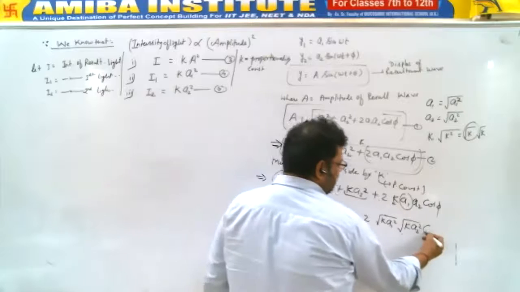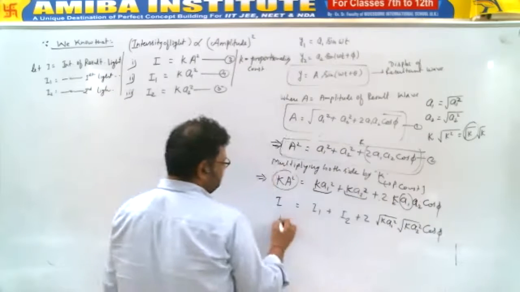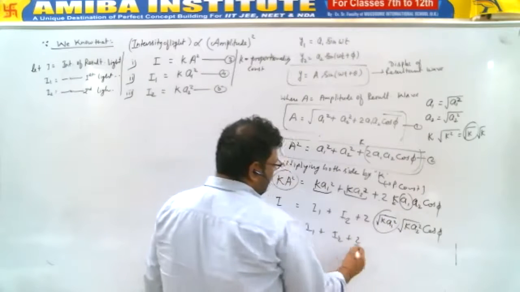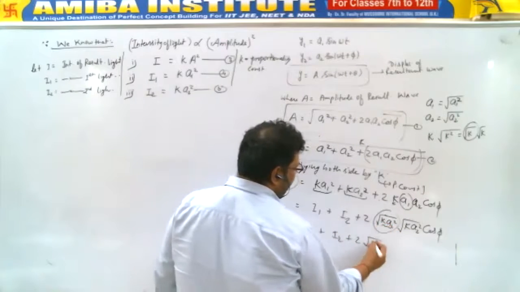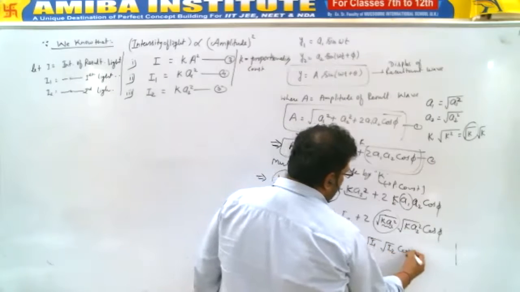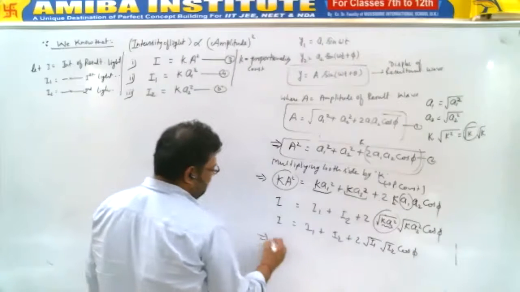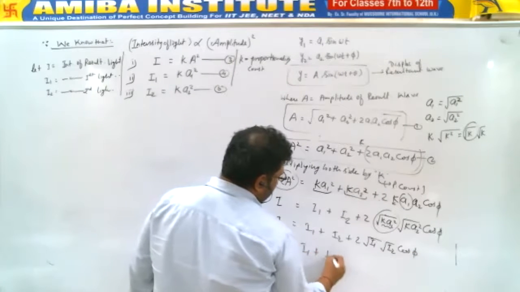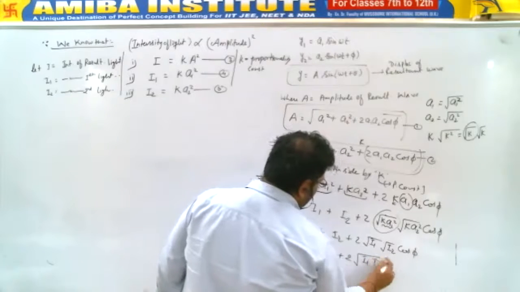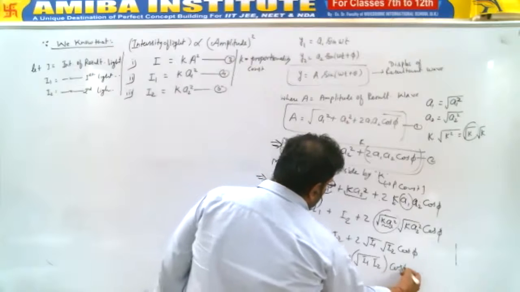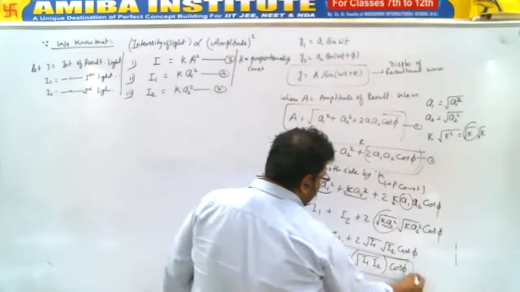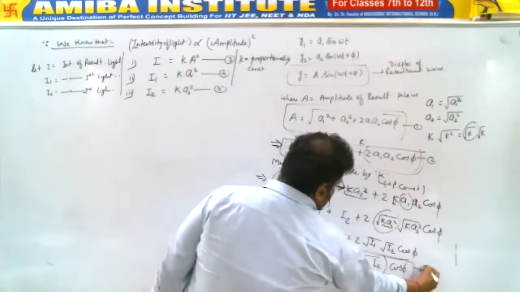Perfect, cos phi. So I1 plus I2 plus 2 under root of K A1 square times K A2 square, where K A1 square is I1 and K A2 square is I2, times cos phi. So I equals I1 plus I2 plus 2 root I1 I2, and don't forget, cos phi is outside the root. That's the relation of the resultant intensity of the light, equation number 6.